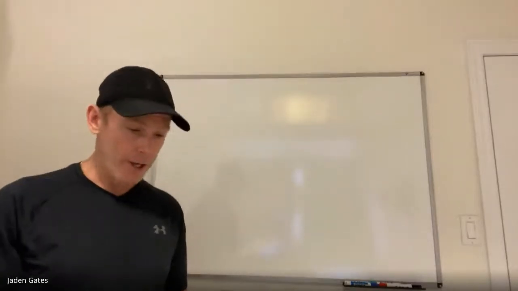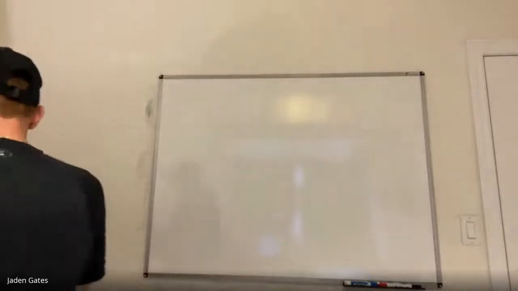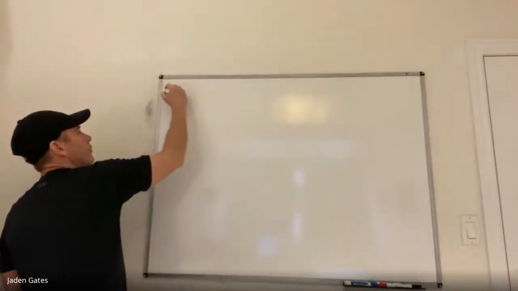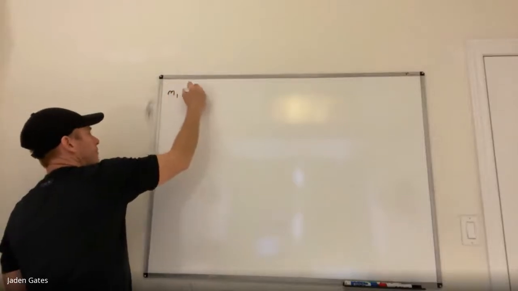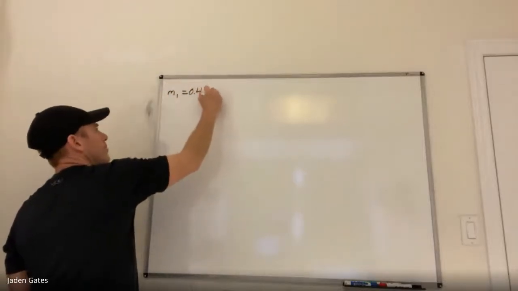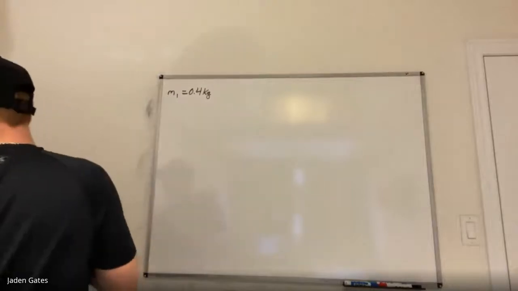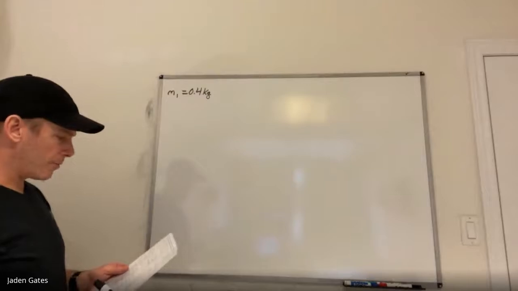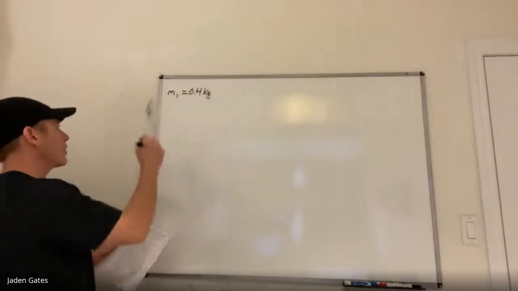So here's what we're going to do. We've got our objects. I'm going to go with M1 first. That's 0.4 kilograms. Now that ball is shot with a velocity of 2.3 meters per second. I guess that's forward.